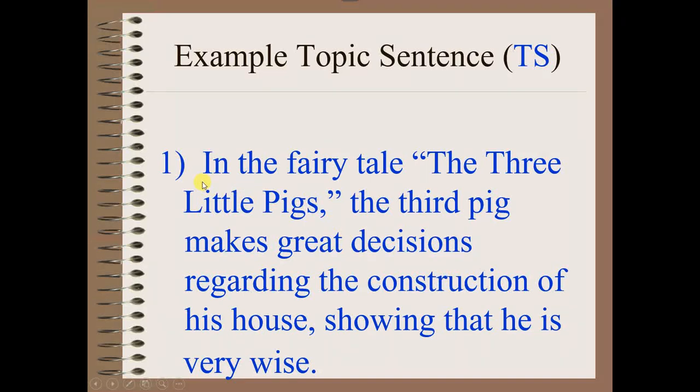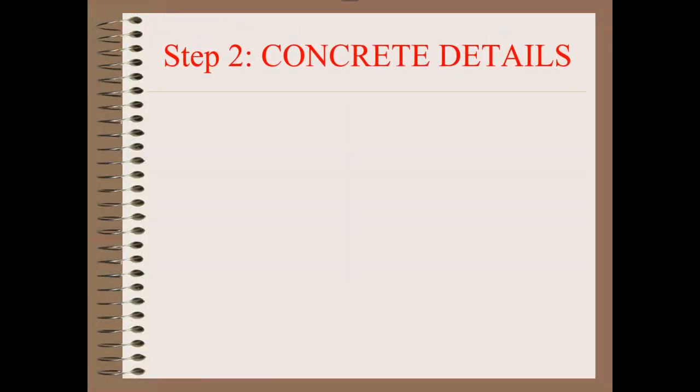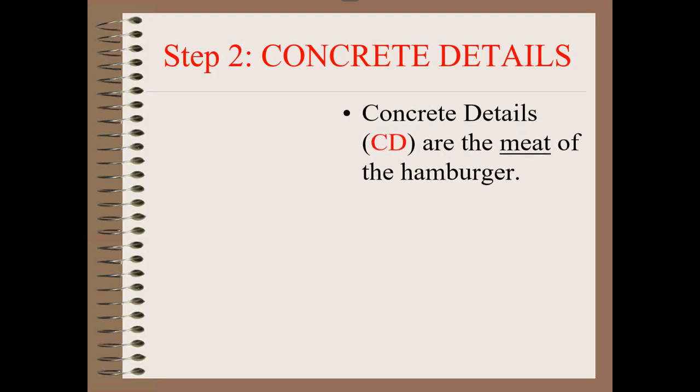So we see that this person's argument, his topic sentence, is as follows: in the fairy tale The Three Little Pigs, the third pig makes great decisions regarding the construction of his house, showing that he is very wise. So, in other words, the third little pig is very wise. Go to the next slide, and it's learn about concrete details.